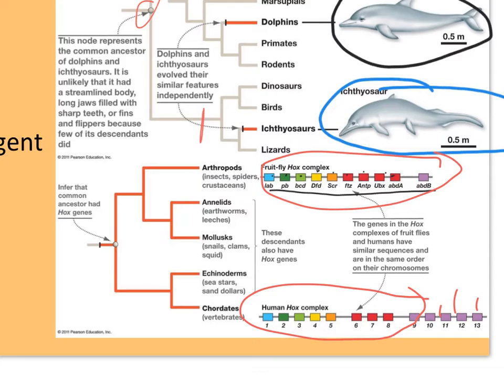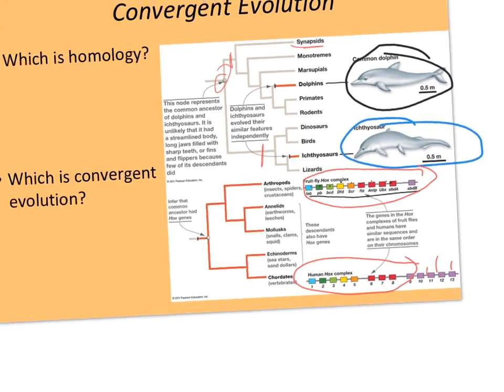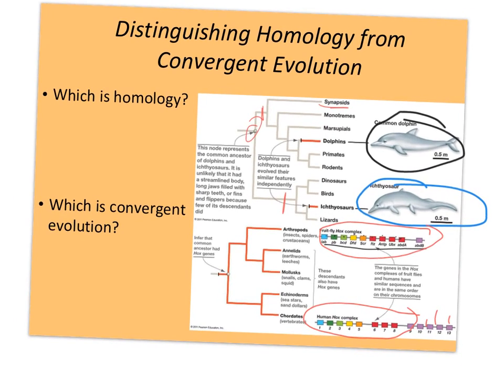Okay? So in this case, which group has homologous characteristics or homologous genes? This group, the fruit flies and the humans with the Hox genes, or this group that has this body form?